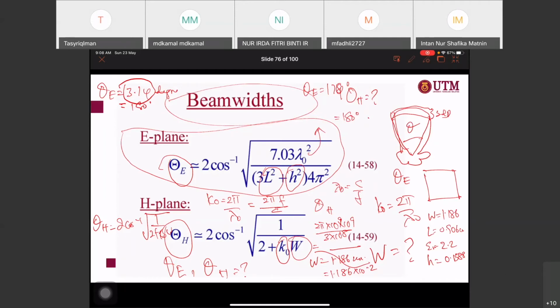What are the values that you're getting here? Theta H, 2, cos. What is the value in this bracket here? 1/2. 123.64 degrees, I mean for theta H. Still bigger.